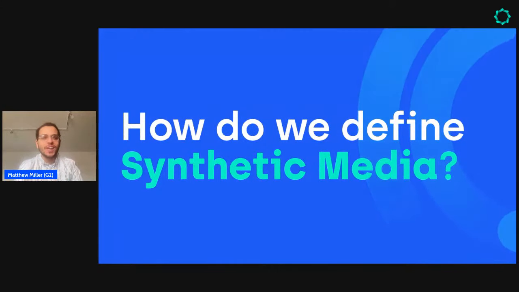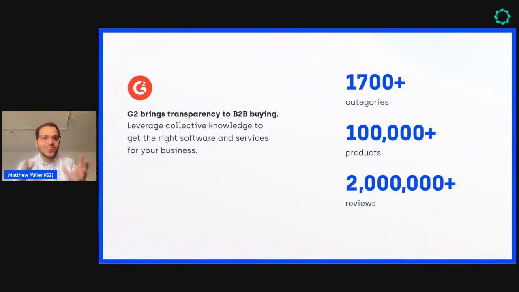So G2, if we see in the next slide, we're thinking about synthetic media, but I think it'd also be helpful just to zoom out a little bit. G2 is a place to go to find business software, to find the right tools for whatever use case you have, whatever problem you're trying to solve. Through comparisons that you make, through reports that we have, and other tools and technology, you can find the right software for what you're looking for. We've got 1,700 plus categories, over 100,000 products, and recently we just hit 2 million reviews.